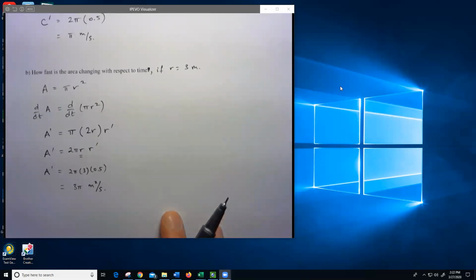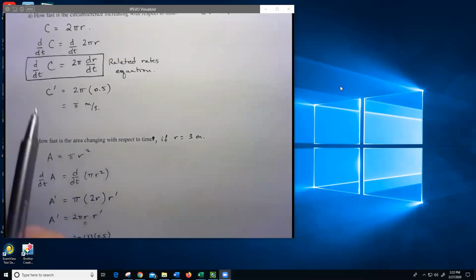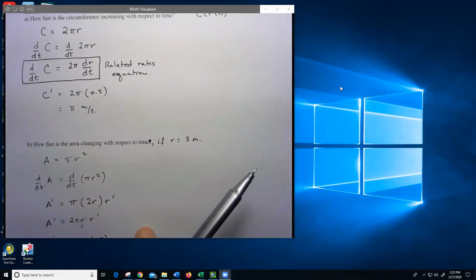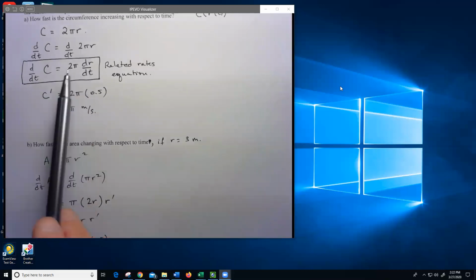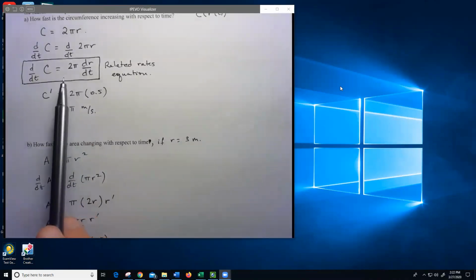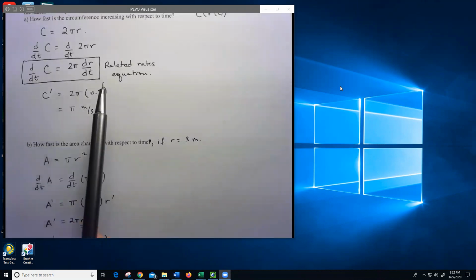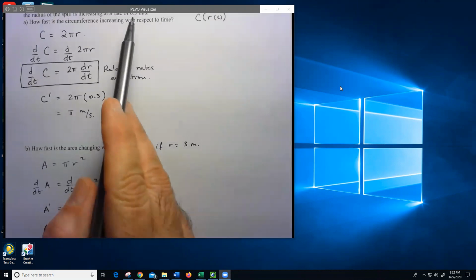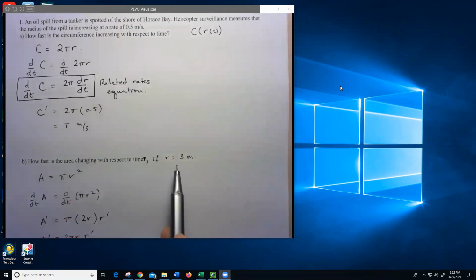The idea is that you have some relationship between two variables, and by taking the derivative of both sides, you can find a relationship between their rates or their derivatives. And then from there, with the information given, you can solve the problem. And very often you need something more than just the rate. You're going to need some other information.